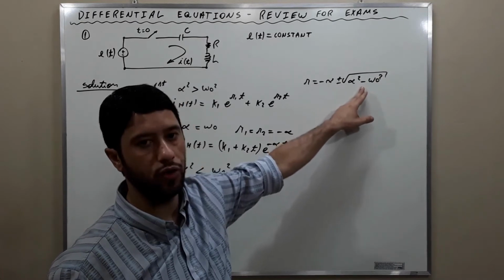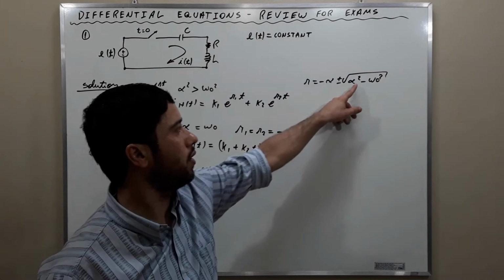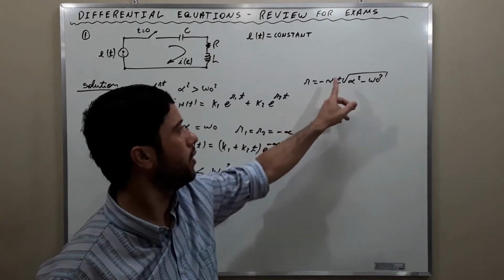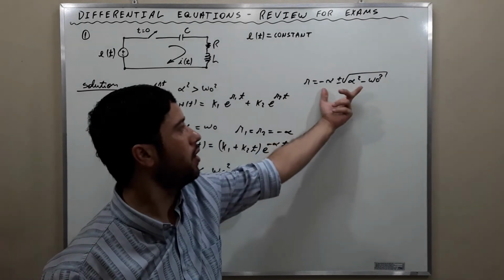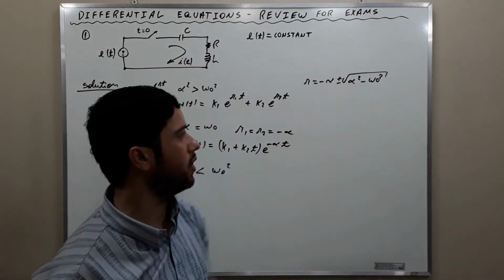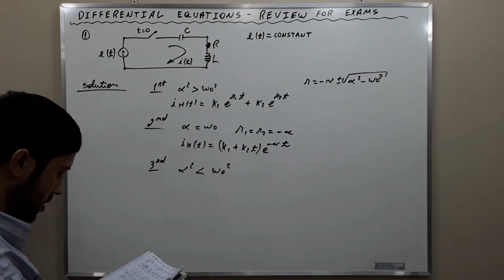When we have the root of a negative number, we have an imaginary number. A real number plus or minus an imaginary number makes up a complex number. So the roots are complex conjugates, all right?